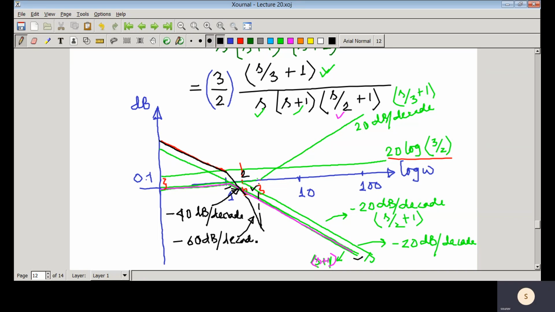The reason is, here you have S and S plus 1, that is -40, and again for this particular point there is another slope -20, so -60 dB per decade. And you can see here the plot, it is very difficult to understand that it is -40 or -60. So whenever you draw that asymptotic Bode plot, you should not forget to mention what is that slope. So here that slope is -20 dB per decade.